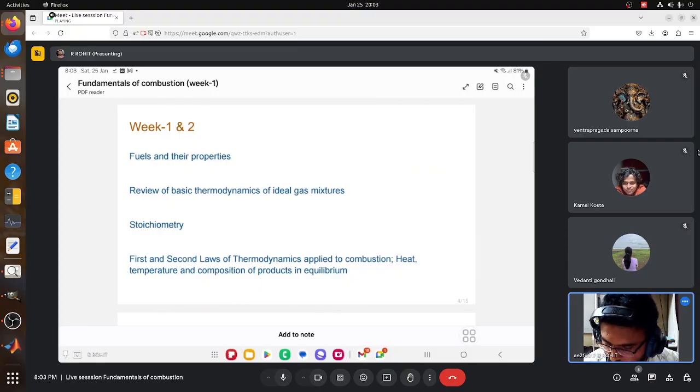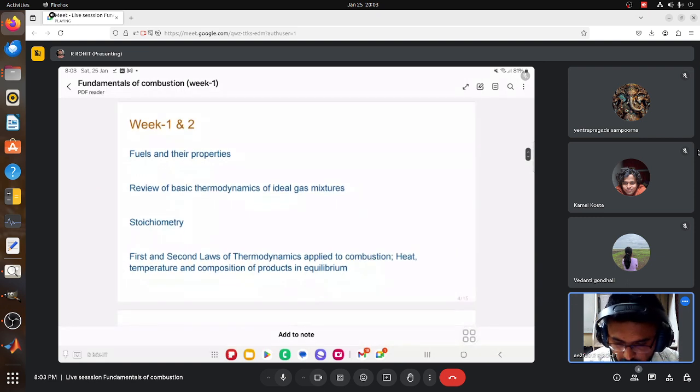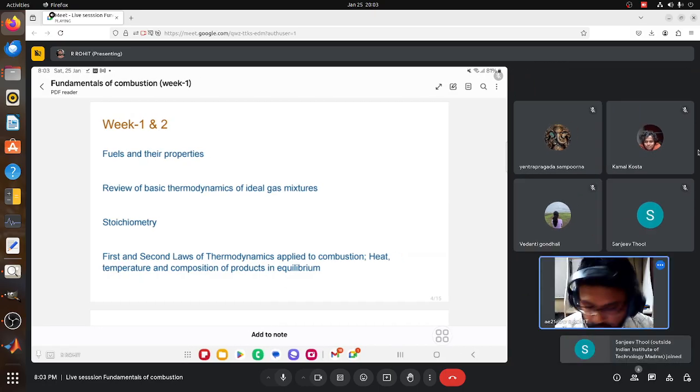We saw different fuels and their properties, a review of basic thermodynamics and ideal gas mixtures, and we have started stoichiometry. Eventually, in the upcoming lectures, we will see more.